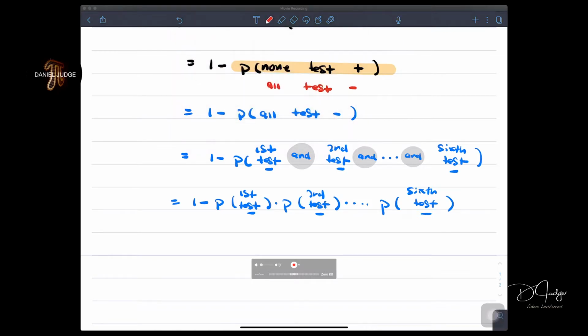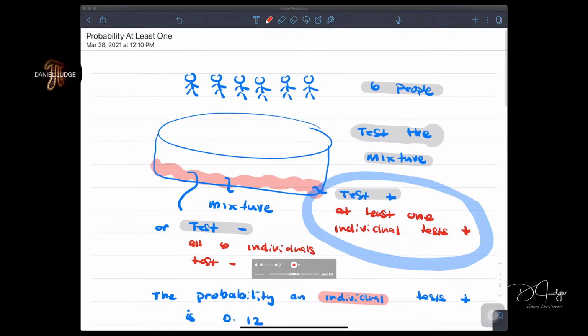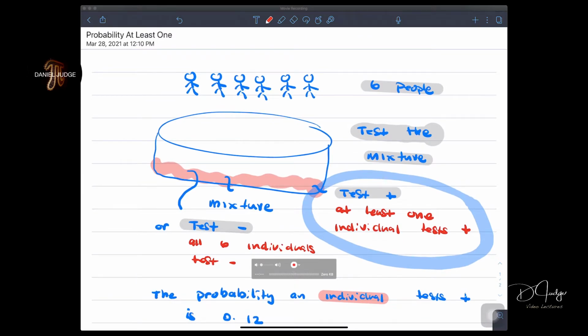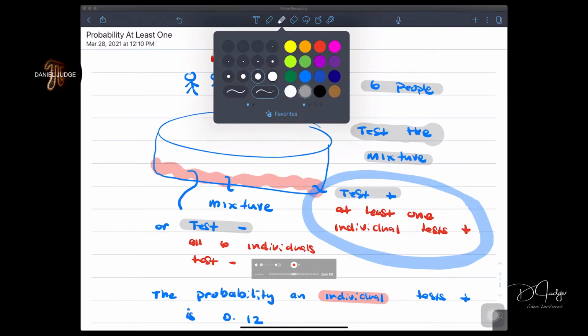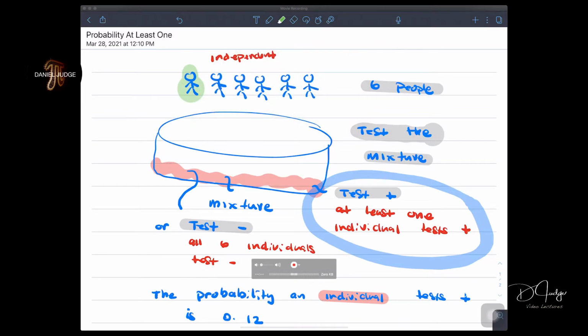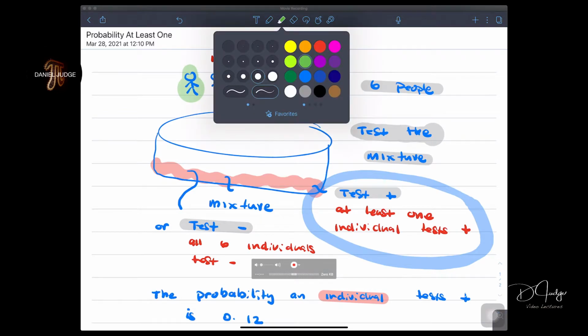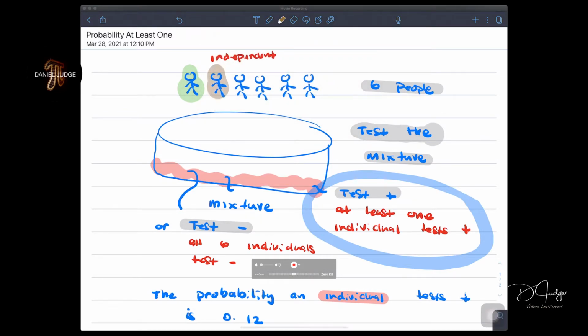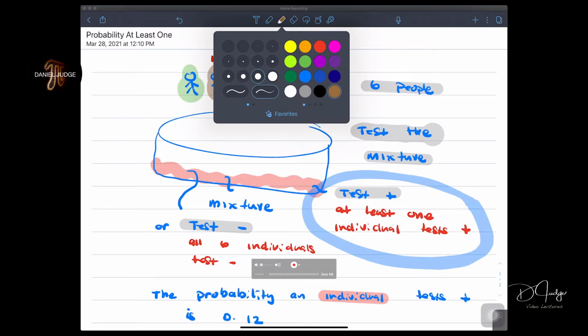Because remember the key phrase here and the key idea of this section, that when you select people, the results are independent of one another, because this is supposed to be a random selection. So every probability value here is independent of the other. The chance that any individual, like the first one, testing positive or negative is independent of the chance that the second person will test positive or negative, and so on.